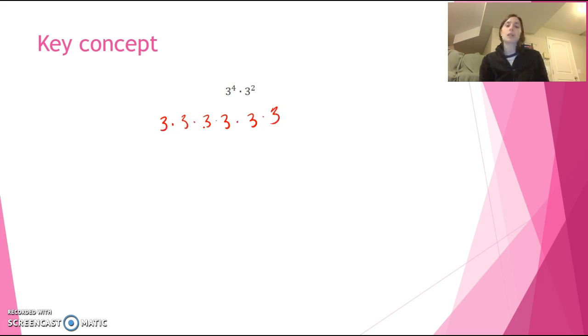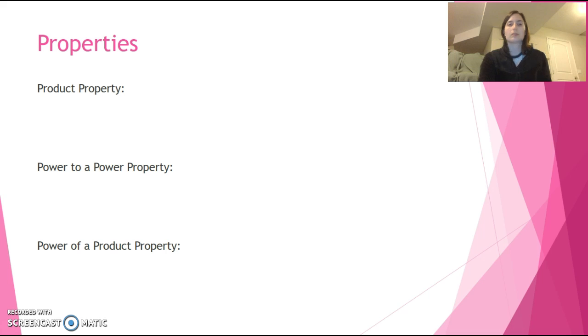And so all together, I have 3 to the 6th power when I rewrite this as an exponent. Now, the easier thing is to notice that 4 plus 2 equals 6. And so that's the main reason why this works and all these others.